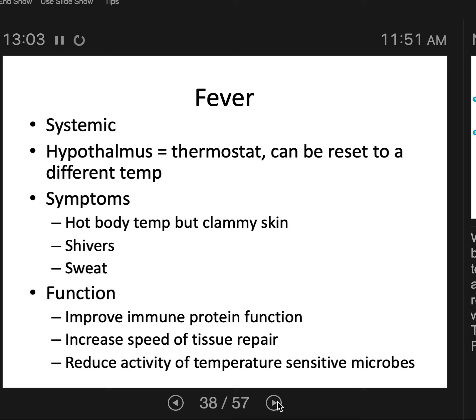Okay. So the symptoms of fever, of course, are a hot body temperature, but also clammy skin, and we'll talk about why in the next couple of slides. You also get alternating shivering and sweating. The shivering and sweating are your cooling and heating mechanisms helping you maintain that higher thermostat setting.